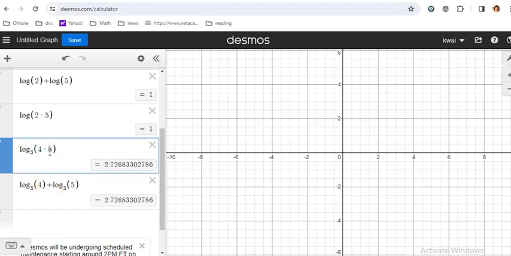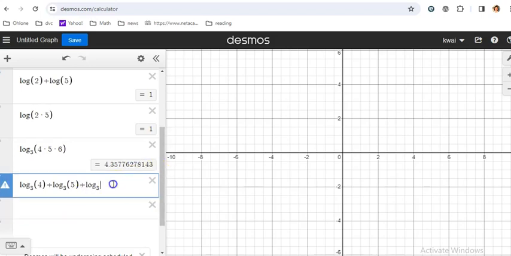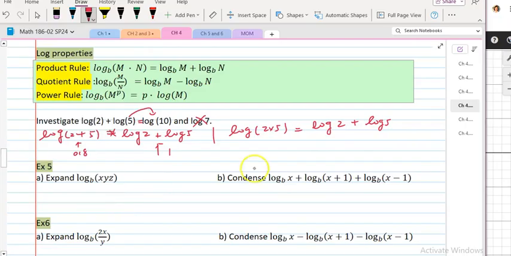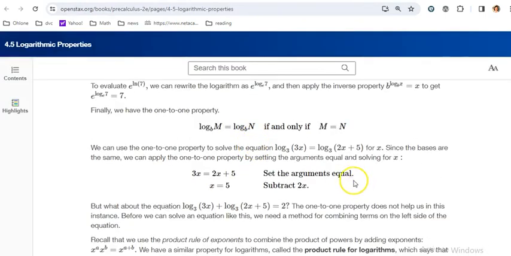Even if I multiply one more, times 6, I will add log base 3 of 6. It still works, right? 4.35, 4.35. So anything that you have multiplied inside a log is just adding. If you want to look at the proof, it is in the book.